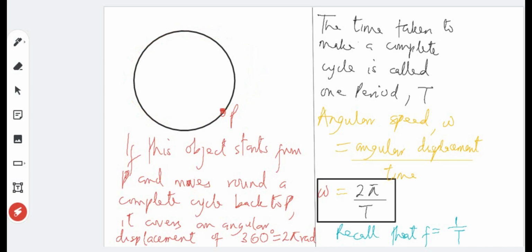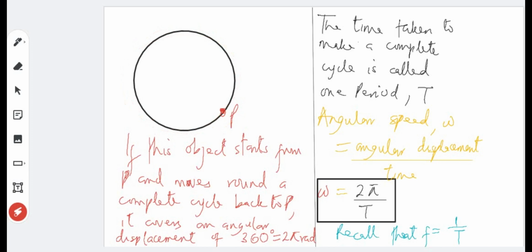For instance, if an object starts from P and moves around a circle back to P, it completes a circumference, which is a linear displacement, and the angular displacement is the entire 360 degrees covered, and 360 degrees is equivalent to 2 pi rad. So when an object moves around a complete circle or cycle, it completes 2 pi rad angular displacement.